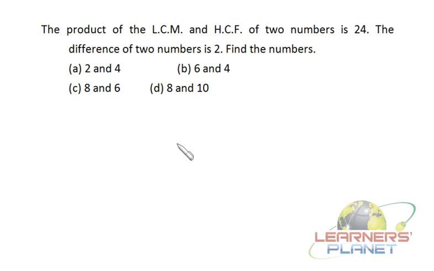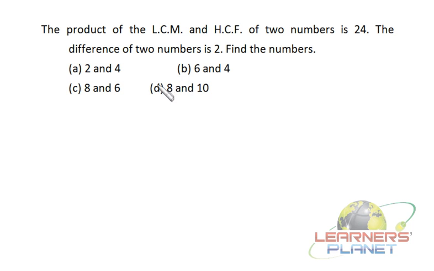Now let's see this problem. The product of the LCM and HCF of two numbers is 24. The difference of the numbers is 2; find the numbers. Okay, we can go by options, by elimination of options also, and we can even go for the manual method.